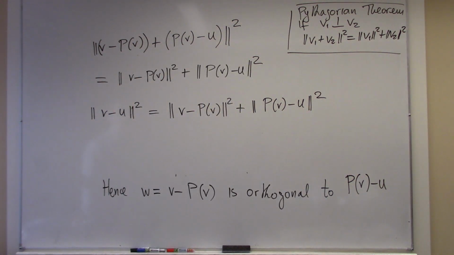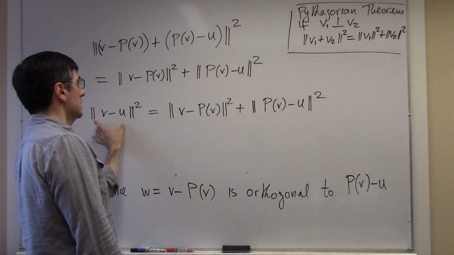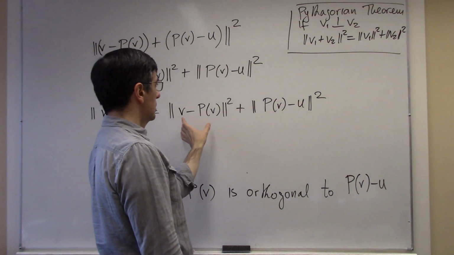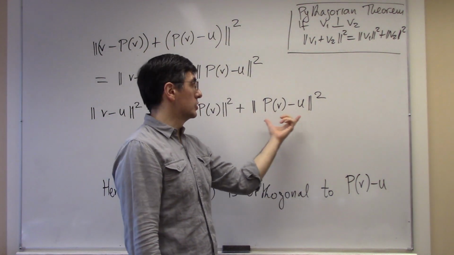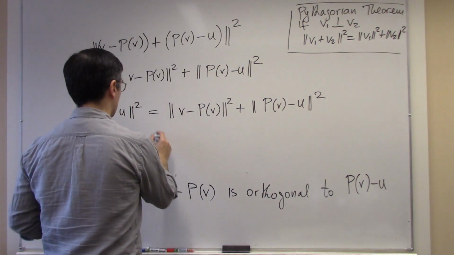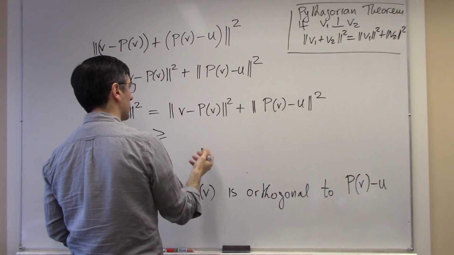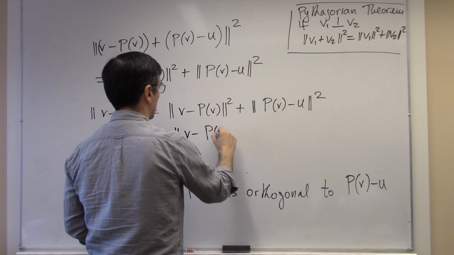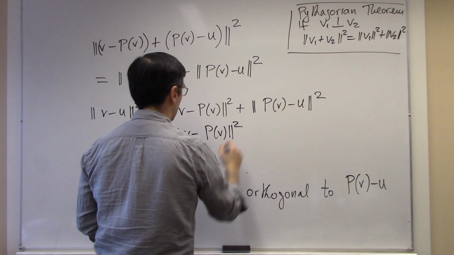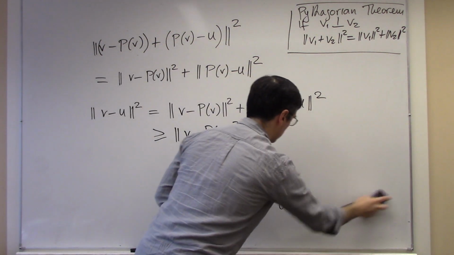Okay, all right. So we want to show that this is at least as large as this, but a norm is positive, so this is a positive number, and so if we just ignore this, the expression will get only smaller. And that's the proof. So this is what we wanted to prove.